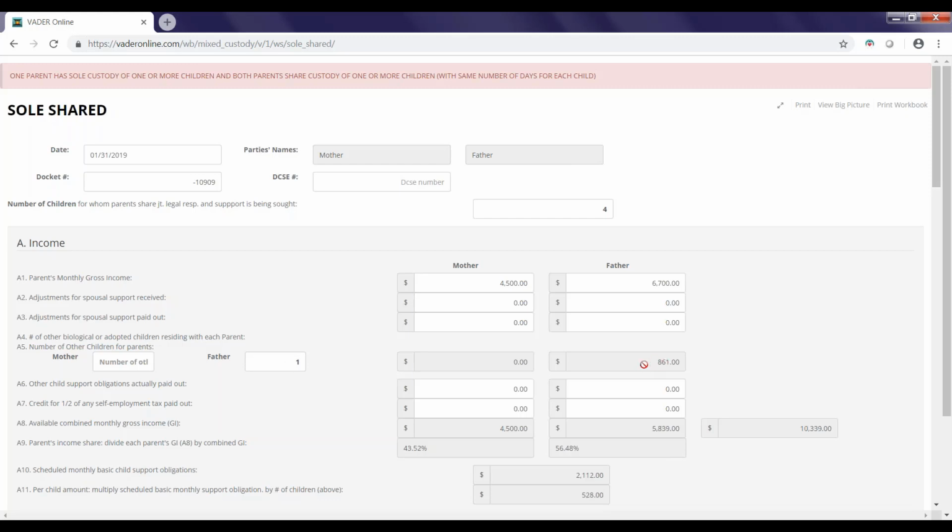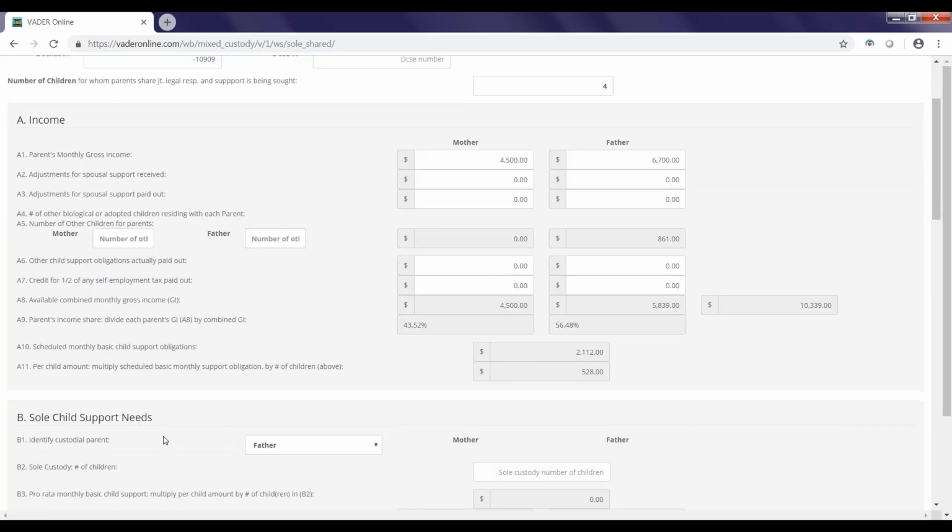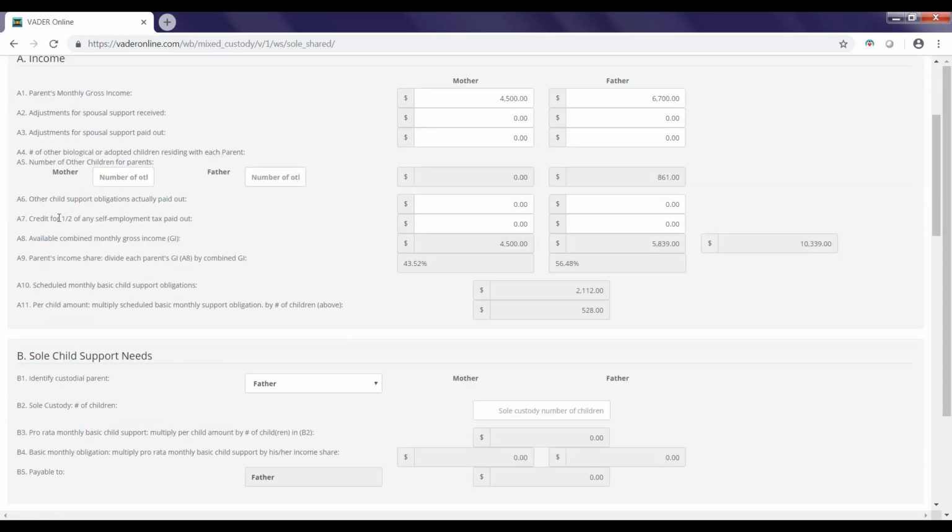Dad would reduce his income by the sole custody amount that VADER automatically calculates for you there. But again, for purposes of this webinar, we're going to assume that we're only dealing with 4 children total and that neither party has a child from another relationship. Again, any credits for half of any self-employment tax paid out, let's not do that. Let's assume that these are both W-2 employees.